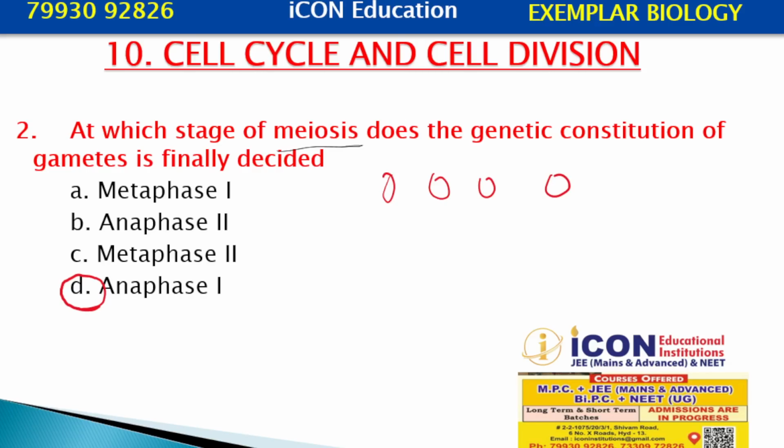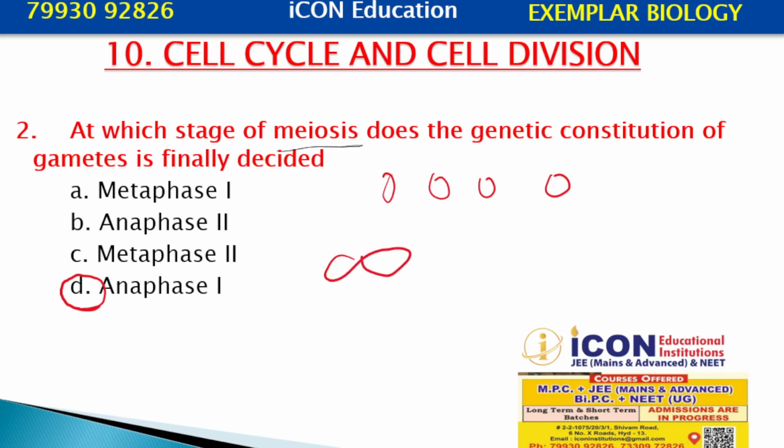At which stage of meiosis is the genetic constitution of gametes finally decided? The genetic constitution of gametes is finally decided at anaphase-I of meiosis. Now we know that during this stage the homologous chromosomes, which have already undergone crossing over in prophase I, are separated and pulled to the opposite pole.